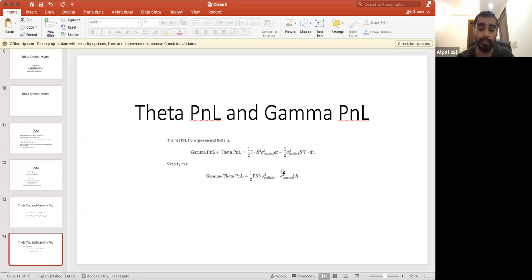In this case, this is a case of buying an option. So I'm losing money from my theta PNL, but I'm gaining money from my gamma PNL, right?